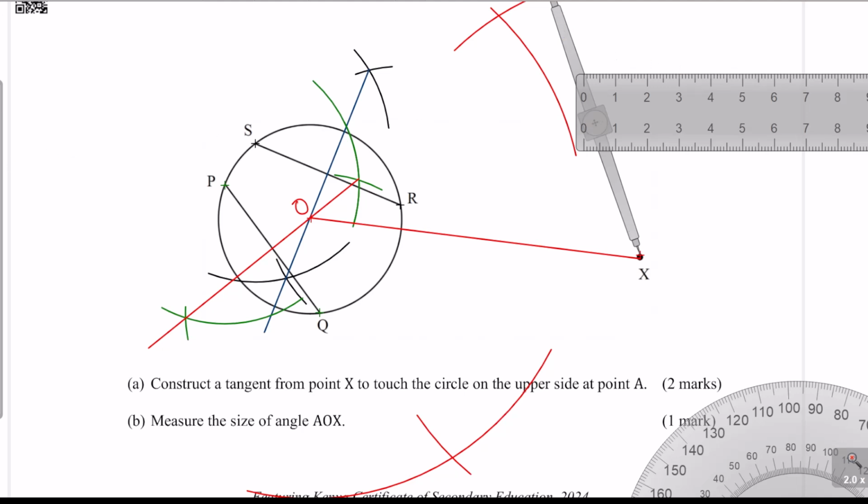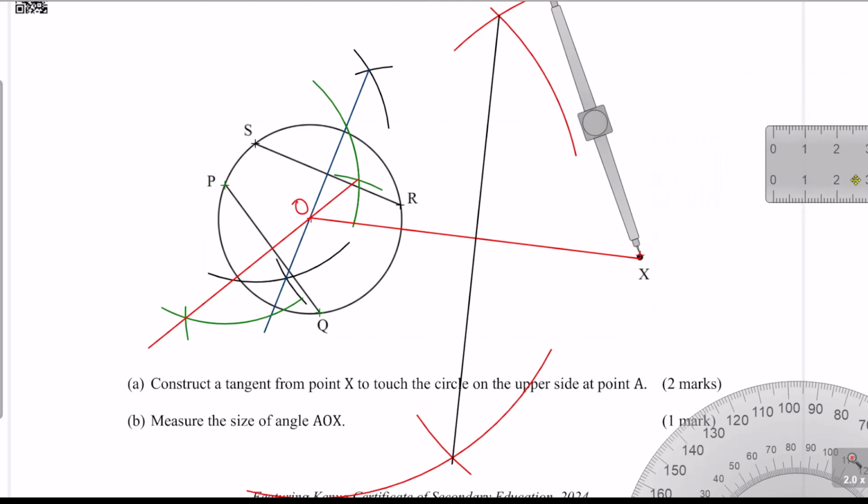So join these two points using a straight line. That's how you do it, using a straight line like that. So that is the perpendicular bisector of OX. Then once we've done that, this is how we now mark point A on the upper side of the circle.